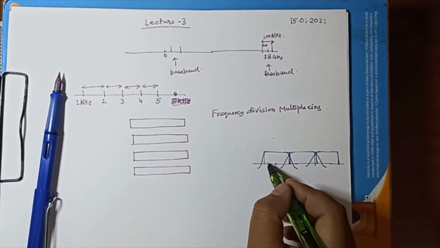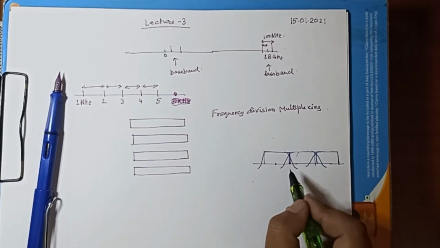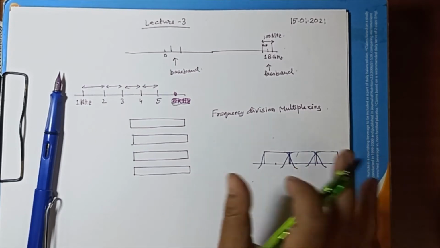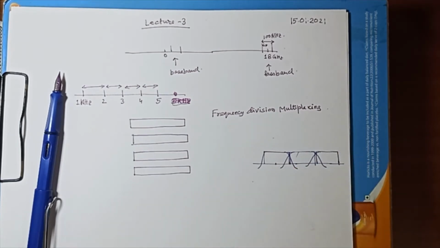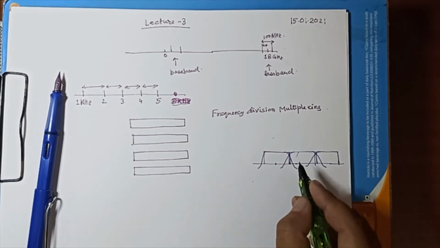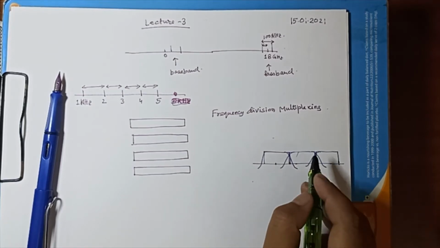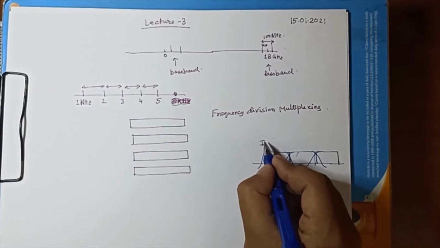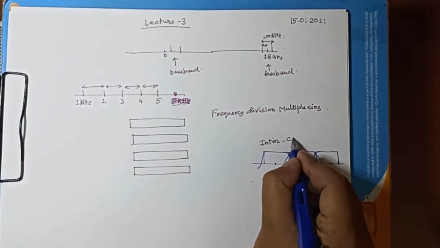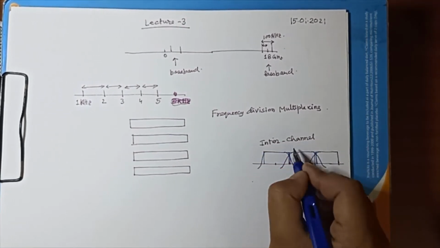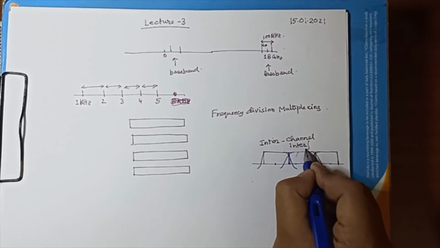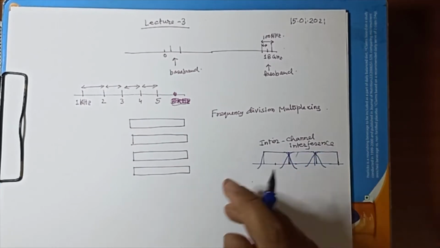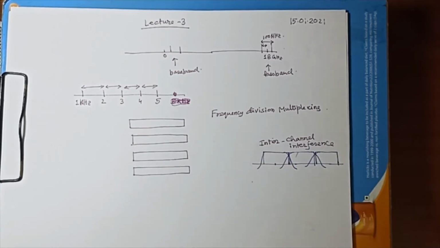Then the signal you are sending through this filter and through this filter can have some overlap in the spectral domain as well. So this kind of interference of one signal with another is called inter-channel interference, since they are different channels. And this inter-channel interference is not restricted to digital communication, it is there in analog communication as well.